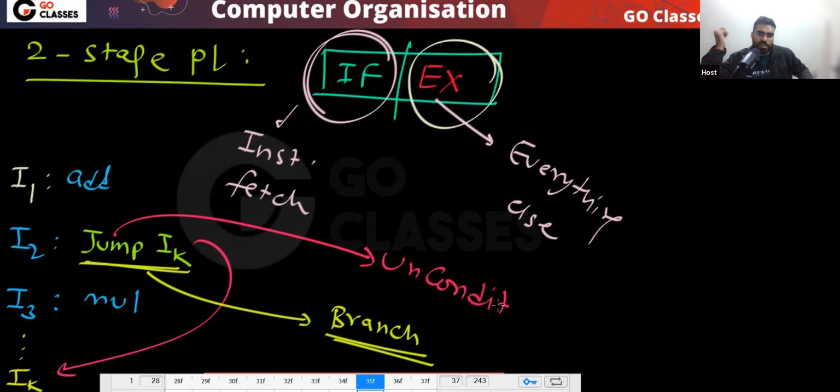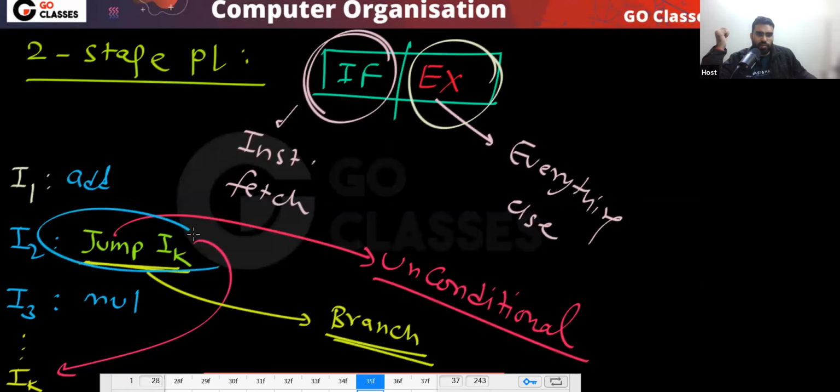There is no condition, and we do not have to check any condition. Whenever you go to I2, it will definitely go to IK. That is your unconditional branch.